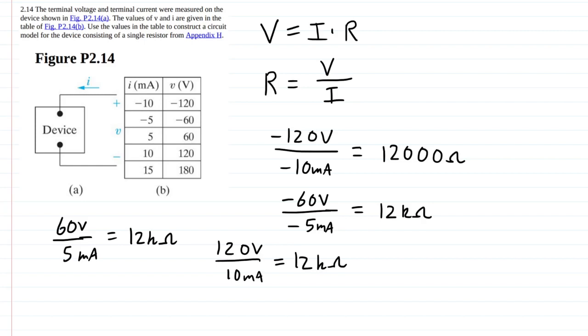And 180 volts divided by 15 milliamps also gives 12 kilo ohms.